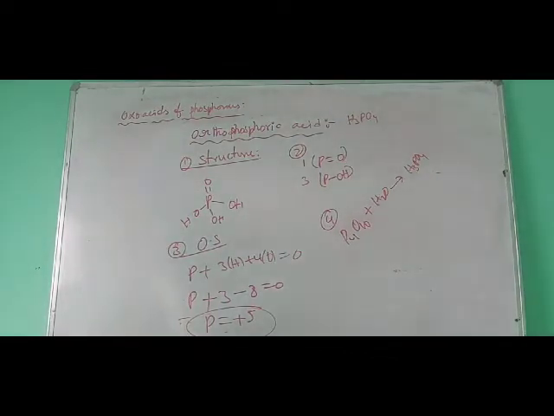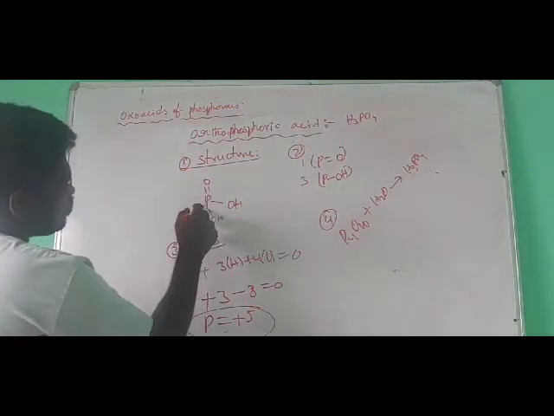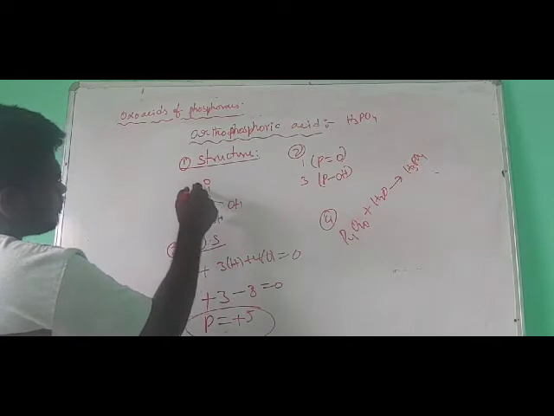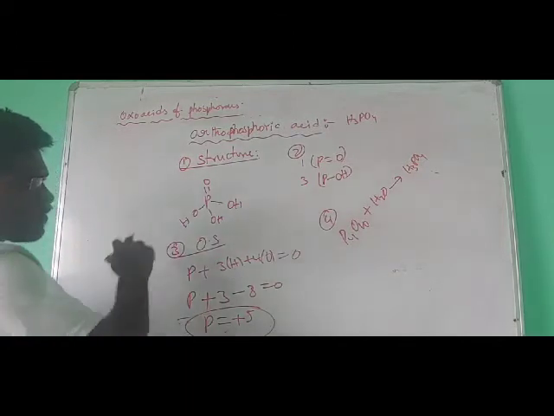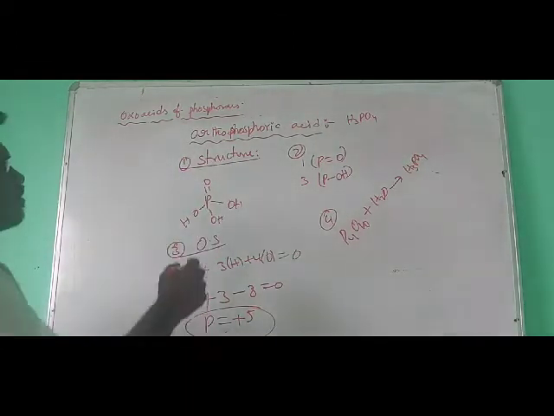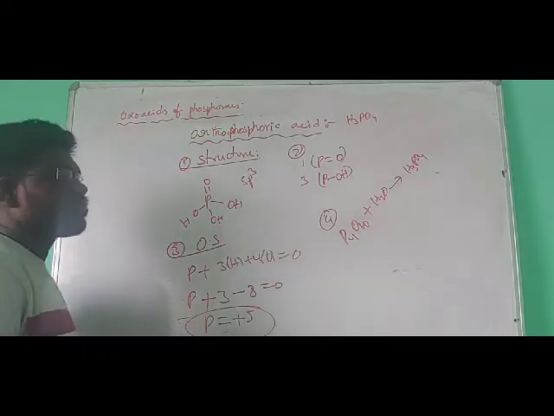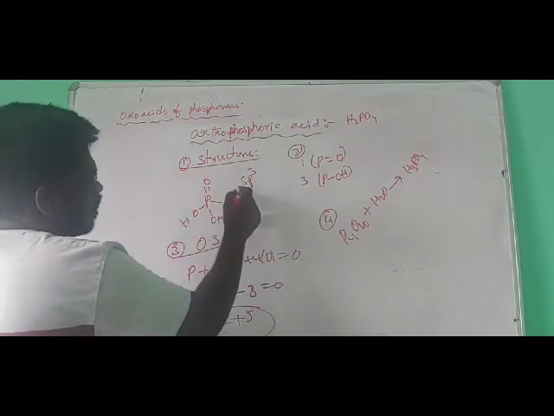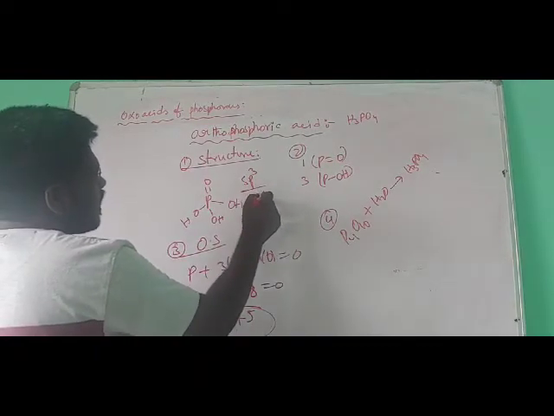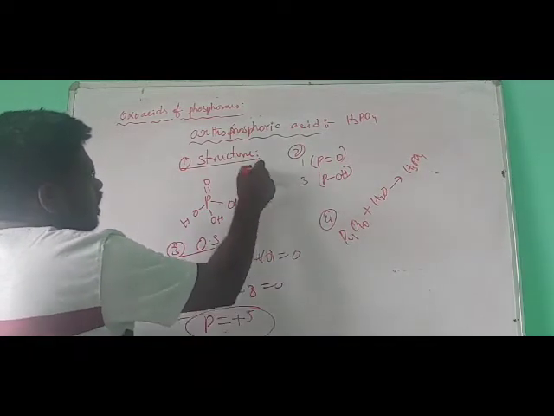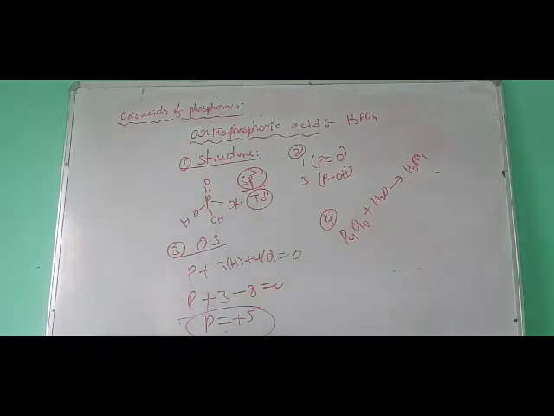How many sigma bonds are there? 1, 2, 3 and 4. One is a pi bond and one is a sigma bond here. Whatever 4 sigma bonds are there, so this one undergoes sp3 hybridization. And the geometry of the molecule is tetrahedral.